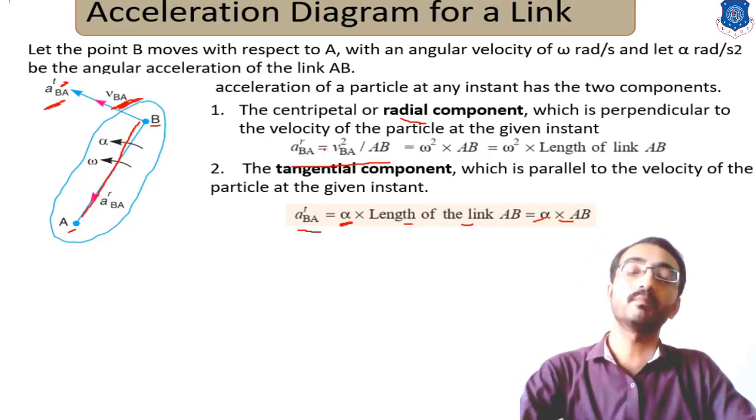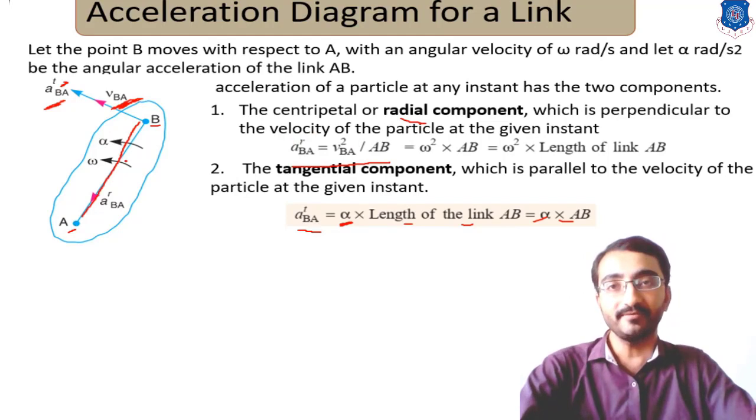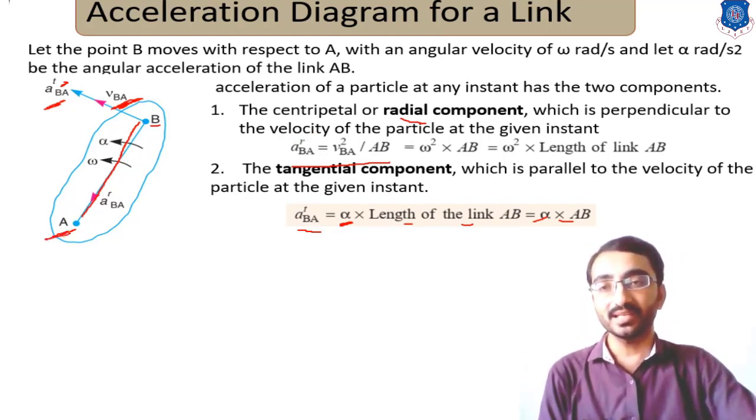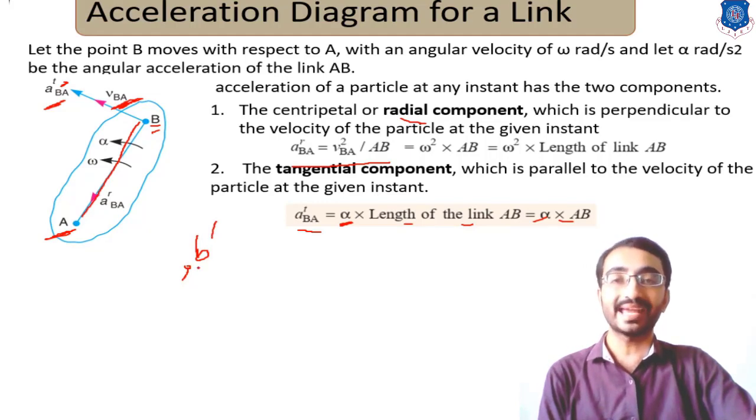So in this way, by using these two components, for this link, if I want to sketch the acceleration diagram, we can say that for link AB the radial component will be in downward direction. So I can sketch it like this, from B. Now, the notation B dash we will use for acceleration and the small b notation will be used for velocity diagrams.